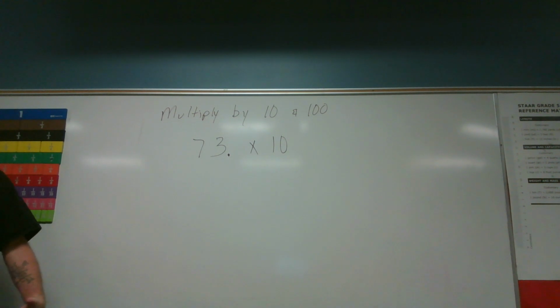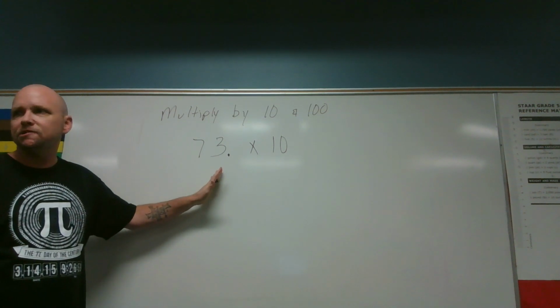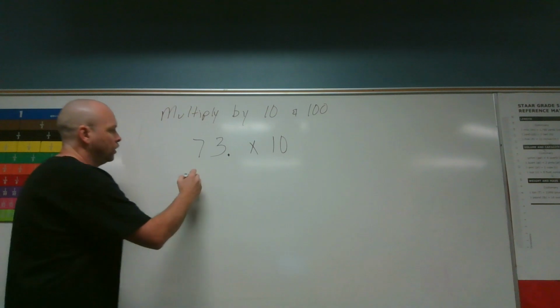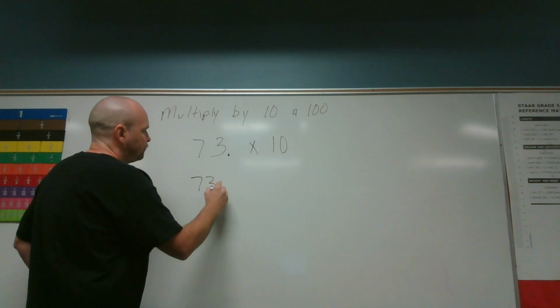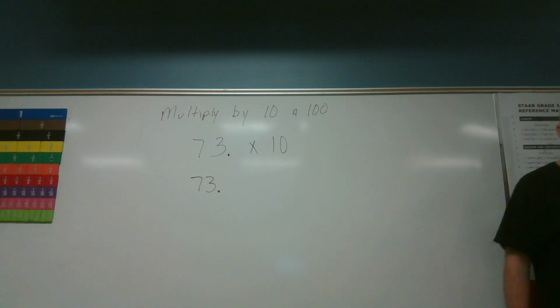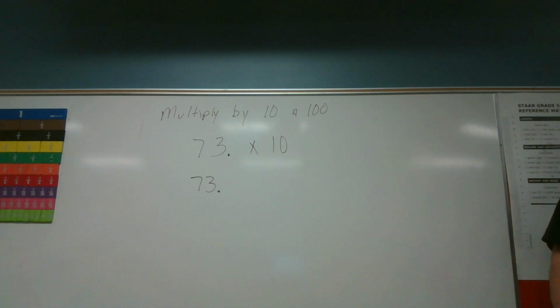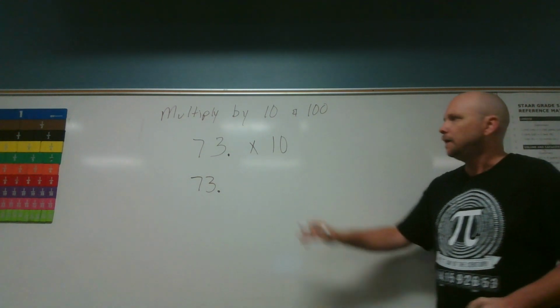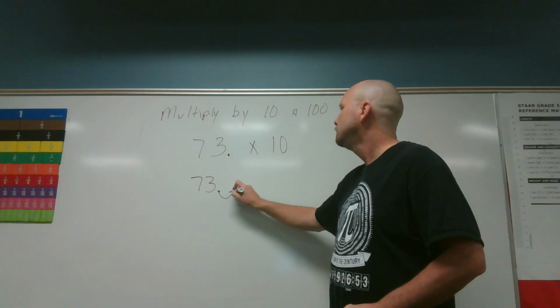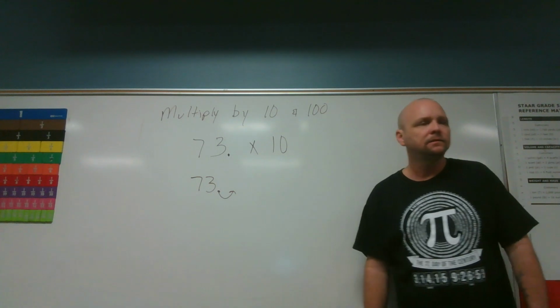What you're doing is you're making it 10 times greater by moving the decimal point one place to the right. So if I have 73, my decimal point behind the ones place, and I multiply by 10, I'm going to move this decimal point one place to the right.